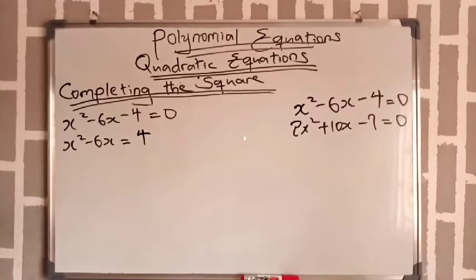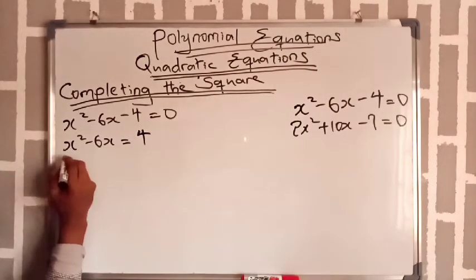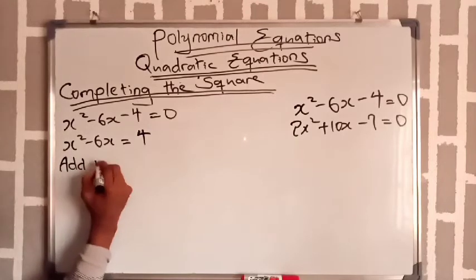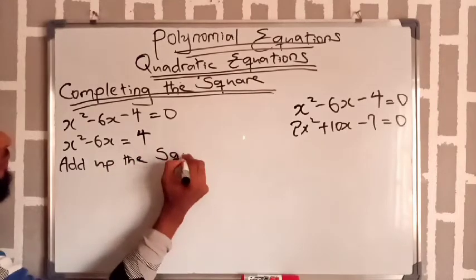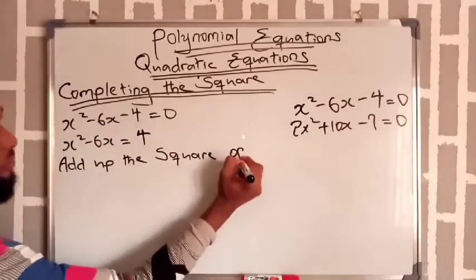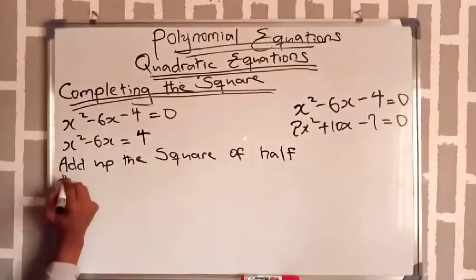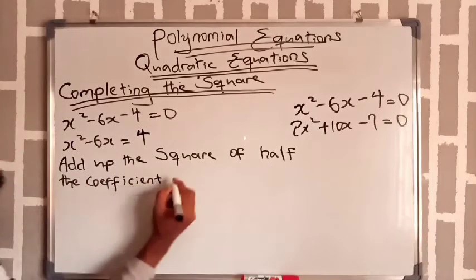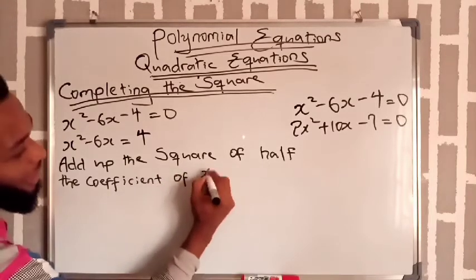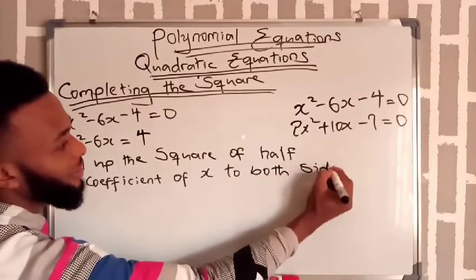The next step is to add the square of half the coefficient of x to both sides.